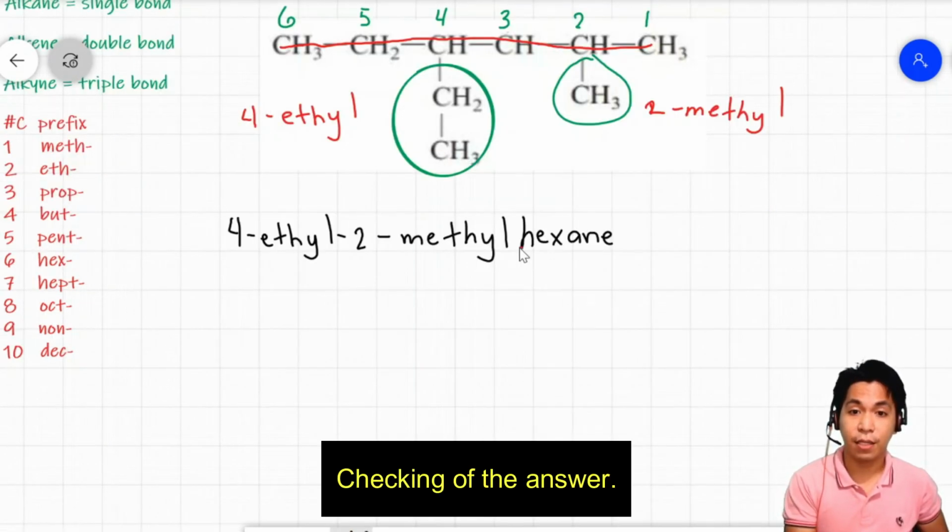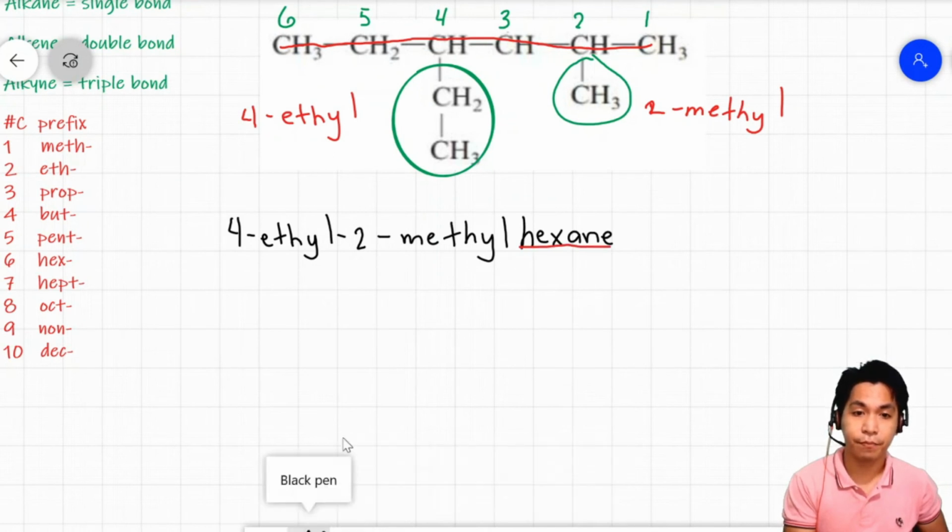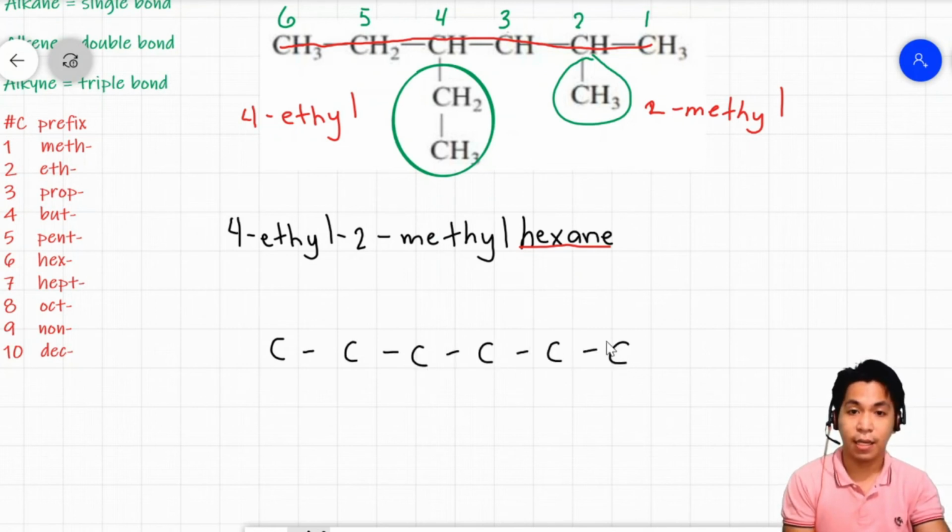Write first the parent chain, hexane. 1, 2, 3, 4, 5, and 6. And then you may write the numbers either left to right or right to left. I will write it in the left side, starting from the left side. 1, 2, 3, 4, 5, and then 6.